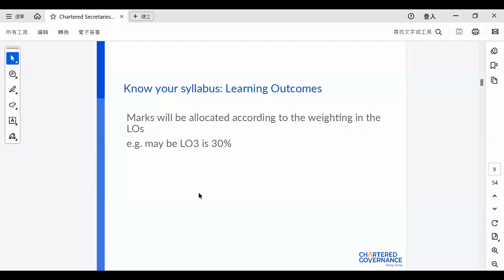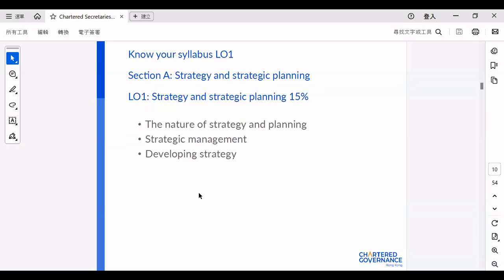So let's go through very briefly the different sections. Section A is about strategic planning. As I've said earlier, it's about the nature and the strategy of the planning. The theme of this learning outcome is that you have to understand how it is related to planning.